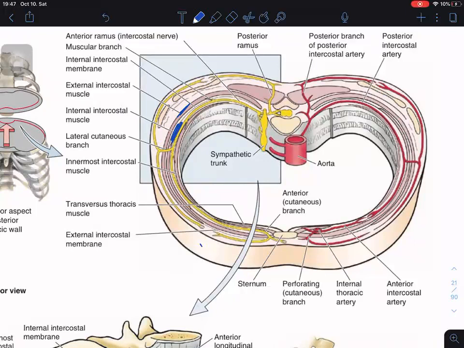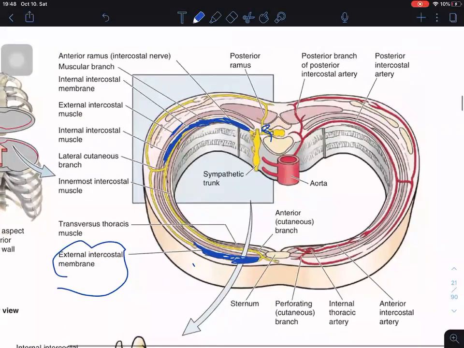As I told you, the external intercostal muscle anteriorly is replaced by the external intercostal membrane. But once these muscles get closer toward the vertebrae, the internal intercostal muscle is replaced with the internal intercostal membrane. So the whole thing is located right opposite to each other.